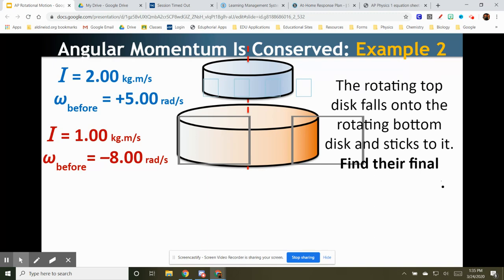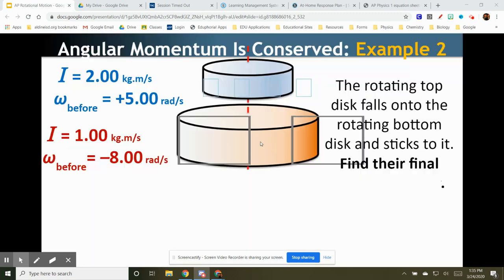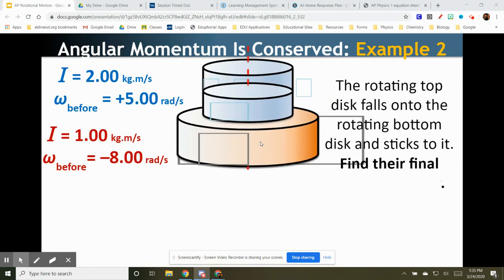Ooh, my slides do not like me right now when I press that button. Okay, it looks okay right now.